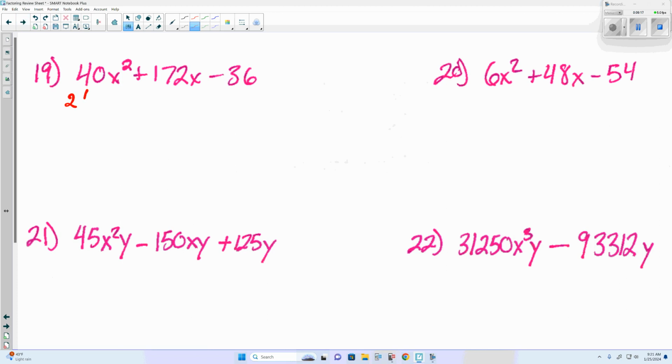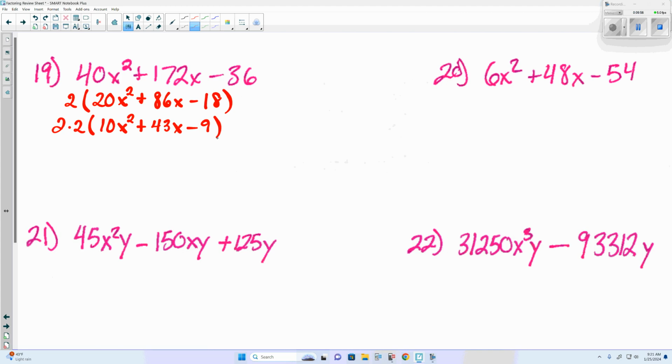So we can factor the 2 out, which will turn 40 into 20x squared plus. So I can just divide each of the terms by 2. So we can see that 2 works again, because if we divide by 2 again, we should get to this here.